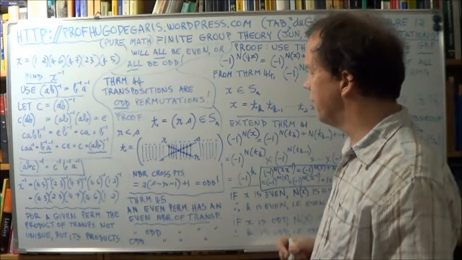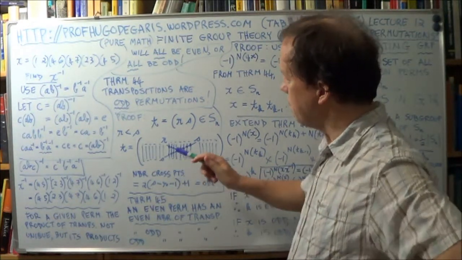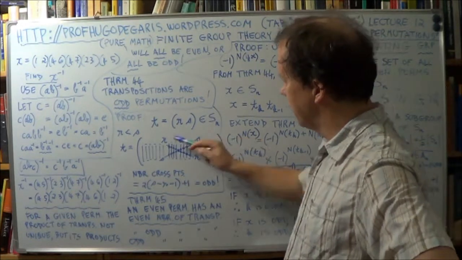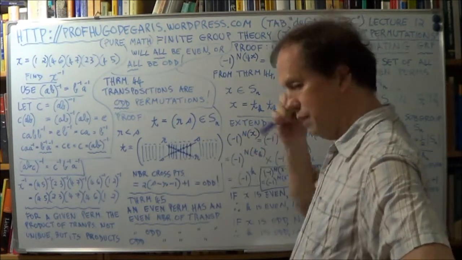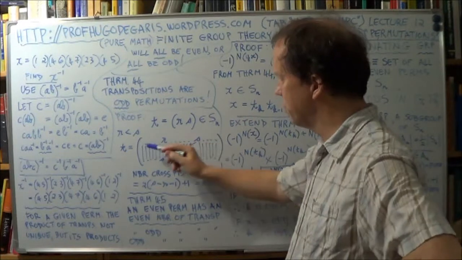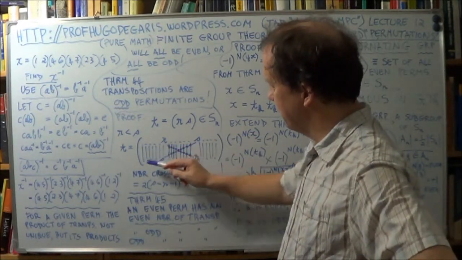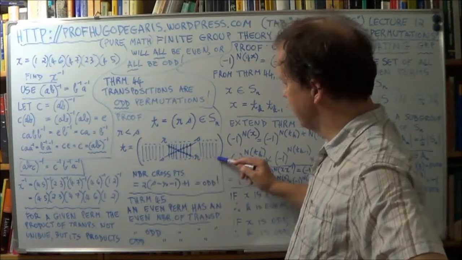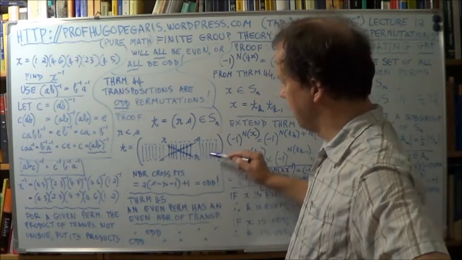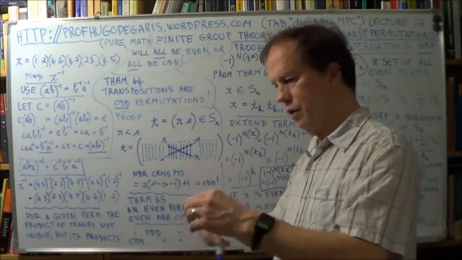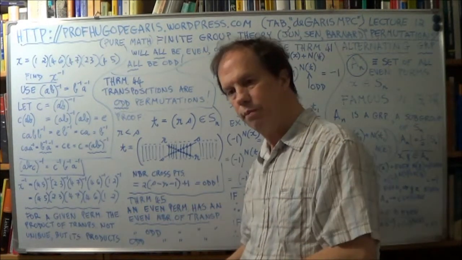So if this is like the set of objects that you're permuting, put them in a line, for example, and you have two lines in effect, and this second line is the line of objects that result from your permutation.